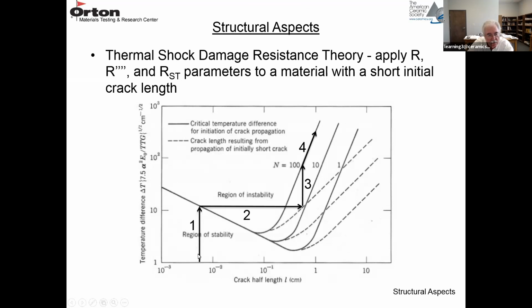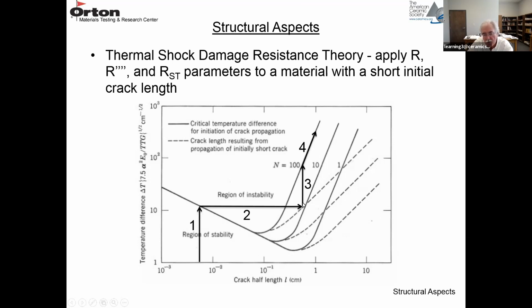You have to increase the temperature, the delta T, in this region 1 until you hit the region of instability. So a short crack is going to propagate, and again, we'll take n equals 100 for the crack density. It's going to propagate past the solid line to the dotted line, so it's going to have kinetic crack growth.